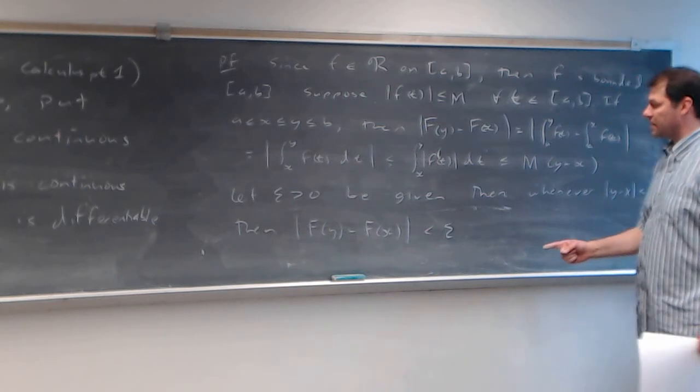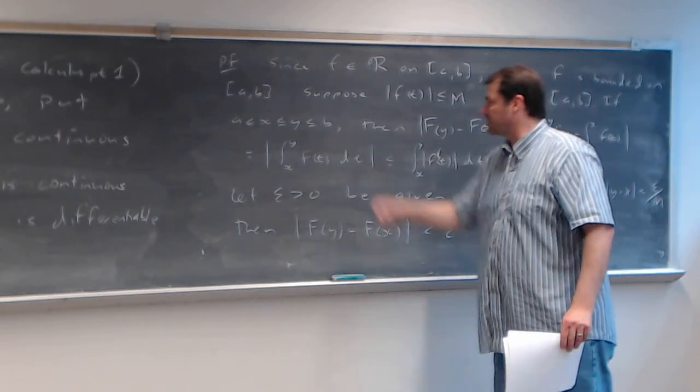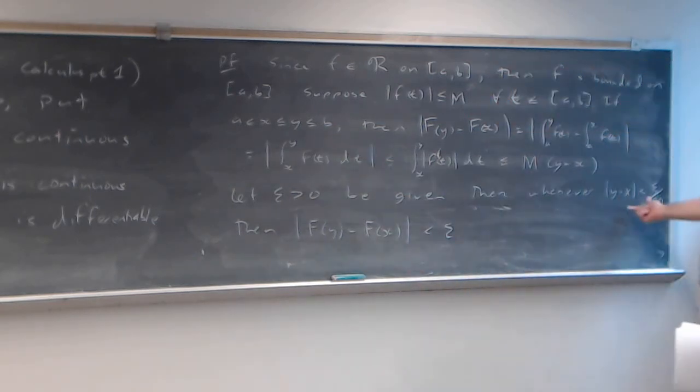There's a little bit of work here because I'm assuming that x is less than y here, and here I'm not. But with the absolute value, you can run down the details there to get this result.